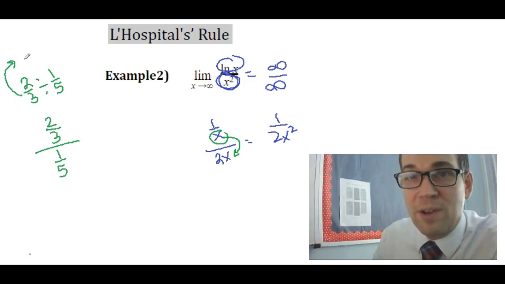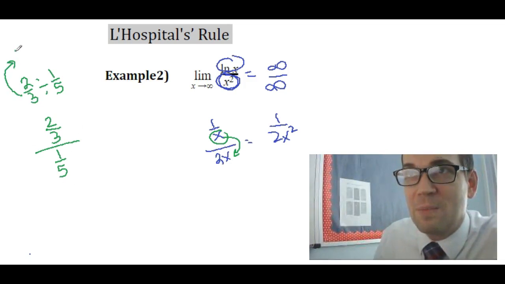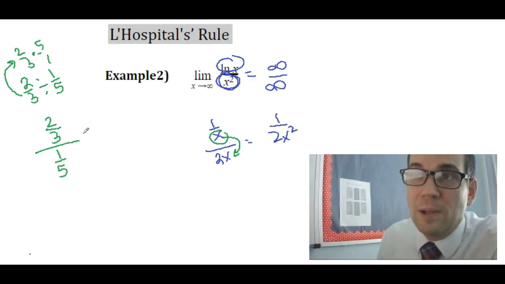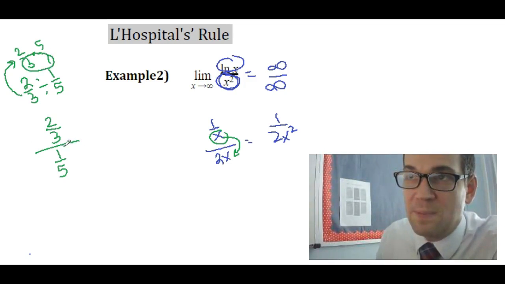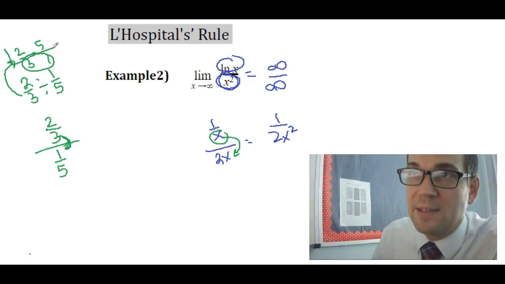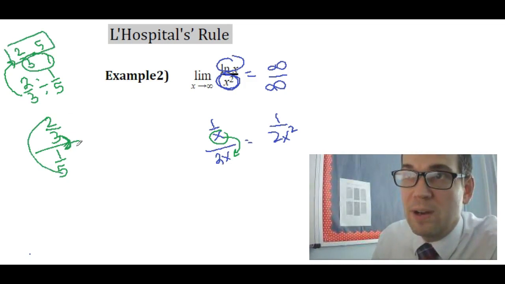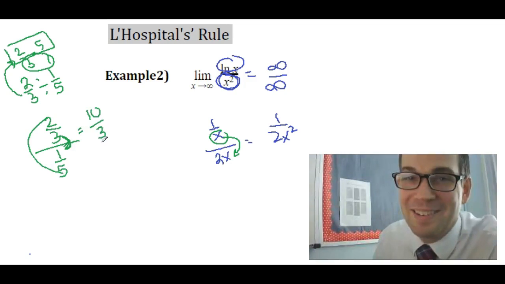You also remember from your days of younger math that this can be 2/3 times this reciprocal, 5 over 1. Well, keeping that in mind, that would mean that basically these guys make the new denominator. So these make the new denominator, and these guys make the new numerator. So we get a 10 over 3, right?